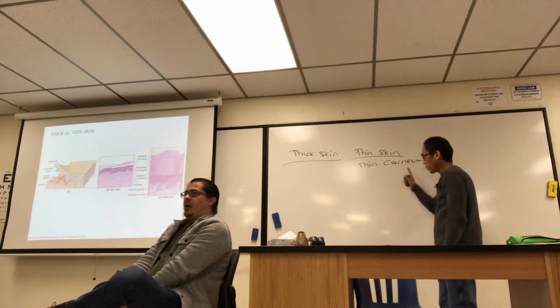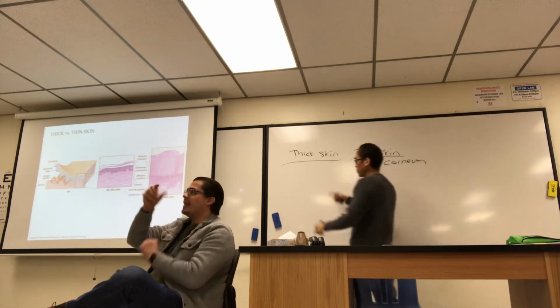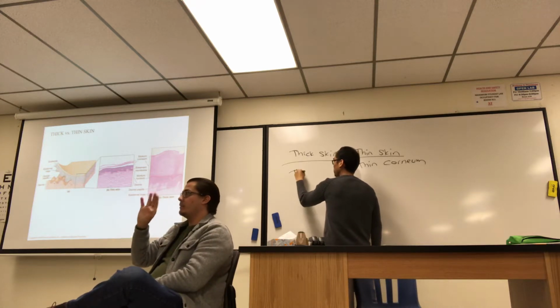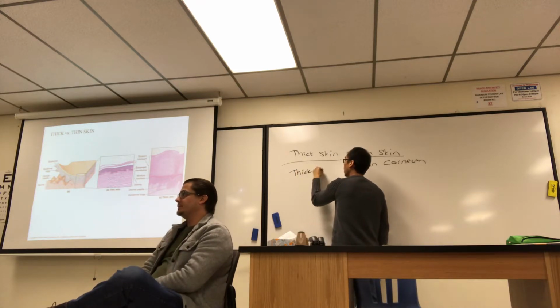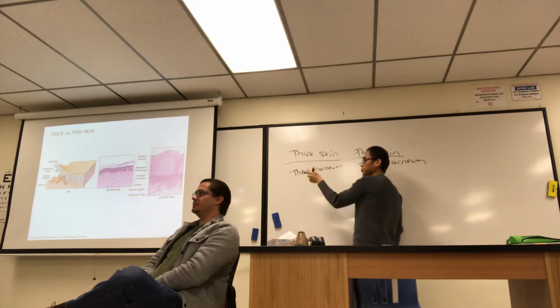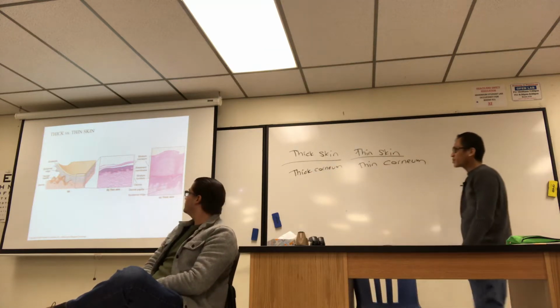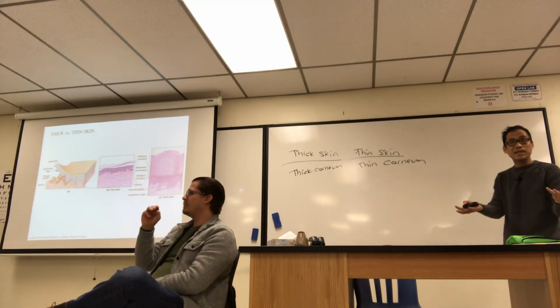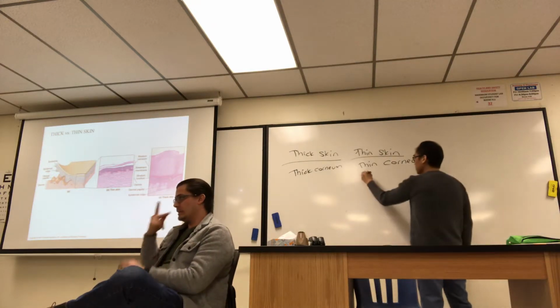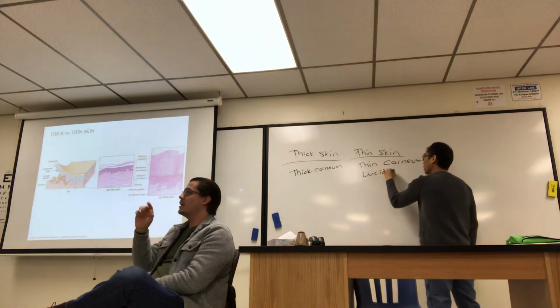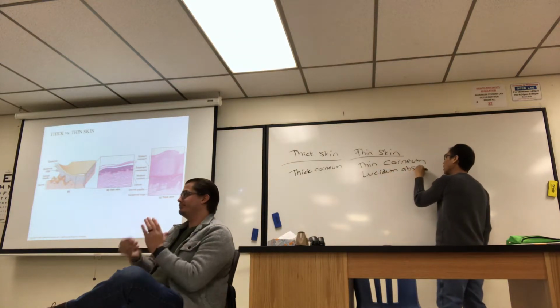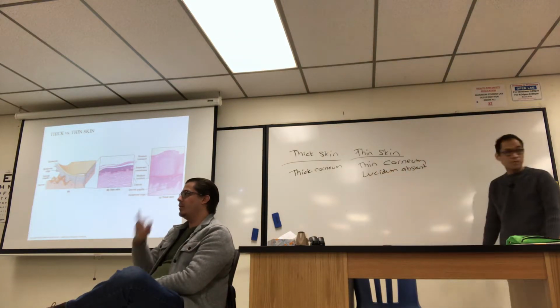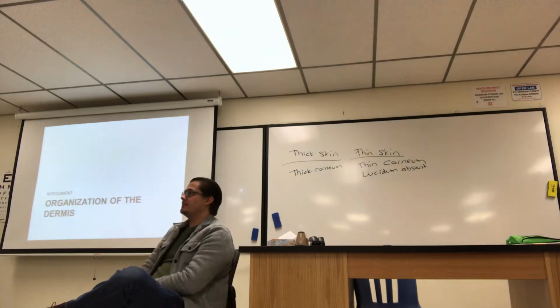I'll just say thin corneum, thick corneum, and thick skin. That's pretty much the biggest difference, and the picture shows that. But also, you usually don't see a lucidum in thin skin. Maybe it's there, you just can't see it, but usually lucidum is absent in thin skin. So those are differences between thick and thin skin.